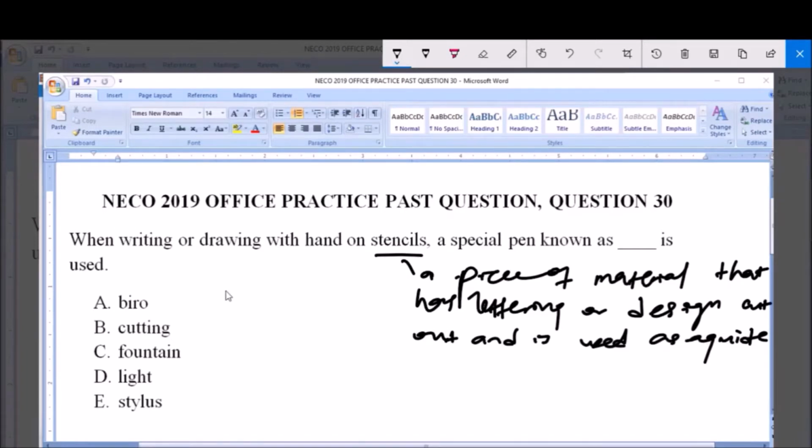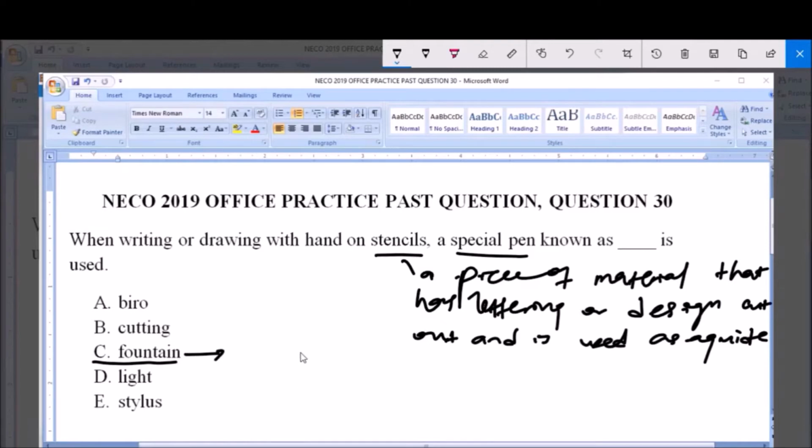So now the question says when writing or drawing with hand on stencil, a special pen known as dash is used. Now the special pen used when writing on a stencil, that is used to make lettering or designs on a stencil, is the fountain pen. Now what is a fountain pen?